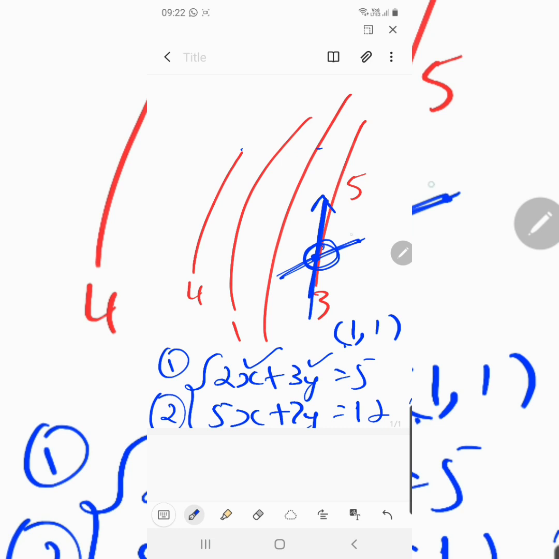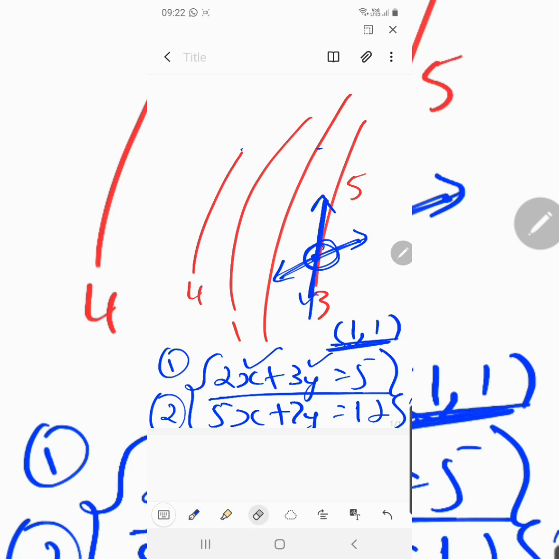Straight lines because they extend to infinity. So any linear equation in two variables is a straight line in two dimensions, and the solution to these equations is the point of intersection, in this case 1, 1.